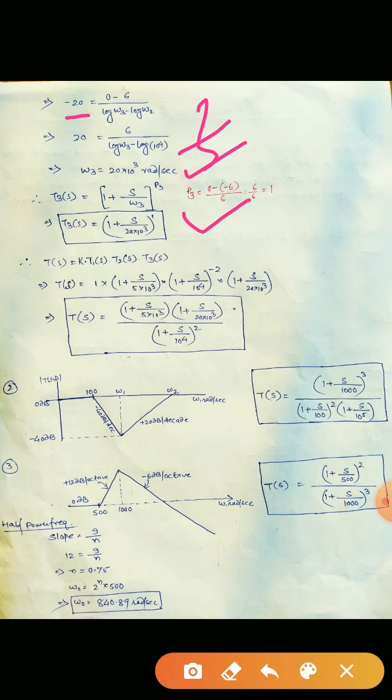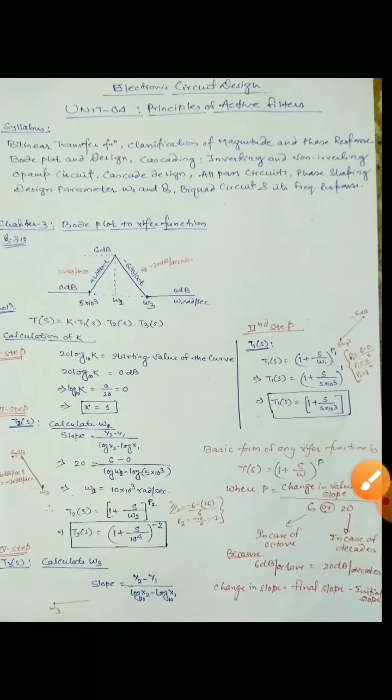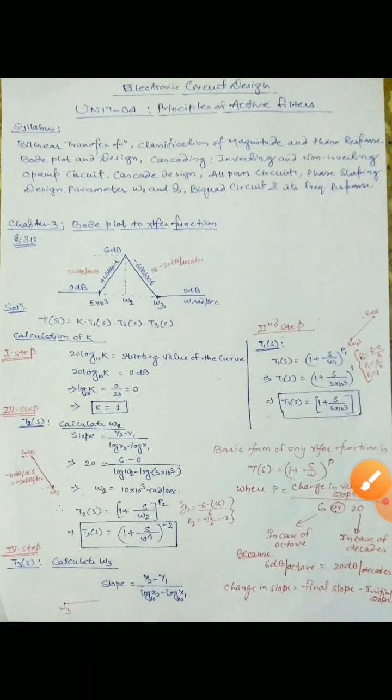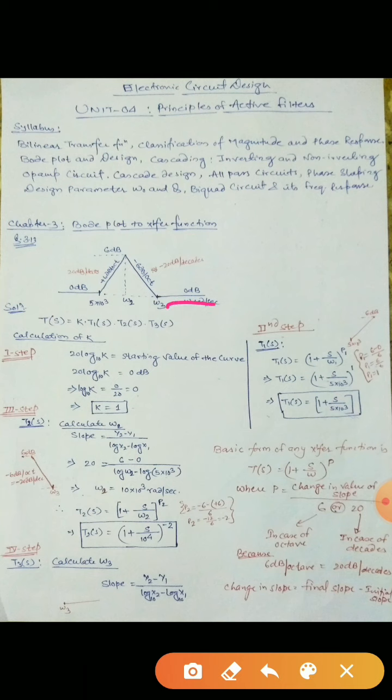And after substituting in the formula of T3 of s, the formula will be 1 plus s by omega 3, to the power P3. What is omega 3? We have calculated the value of omega 3 is 20 into 10 to the power 3. Now what is P3? P3 is the change in the value of slope. So here the final slope is 0 dB per octave and the initial slope is minus 6 dB per octave.